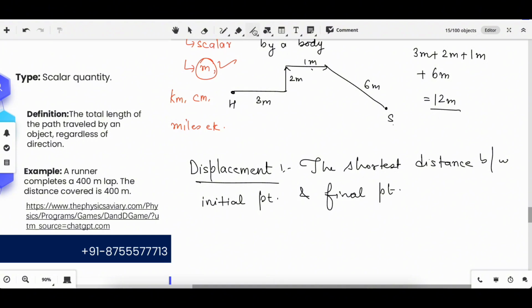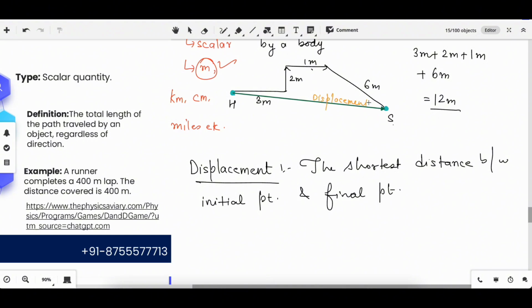Now, when I talk about the initial point and final point, let's understand here. When you started from your home, it becomes your initial point. You reached your school, that becomes your final point of that motion. Okay. So when you draw the shortest distance, that is a straight line from home to school. Okay. That represents your displacement.